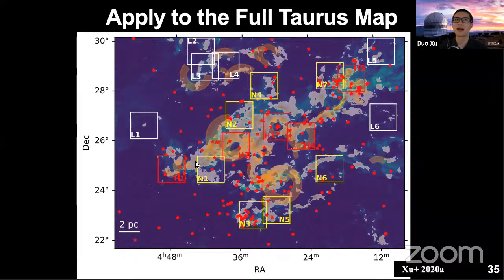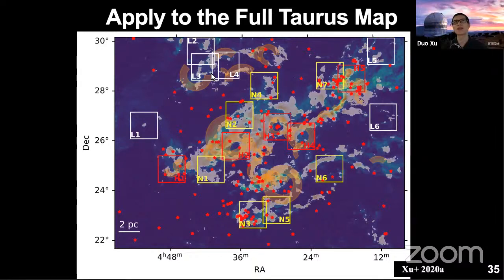The red or pinkish overlay is our model prediction, and the stars indicate the positions of young stellar objects. Yellow boxes indicate some of the newly identified bubbles, which were not identified before, where there is a central star driving these bubbles, and also highlight a stream where there's a cluster here.